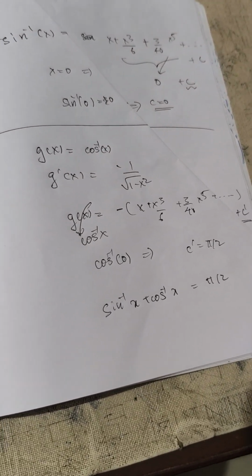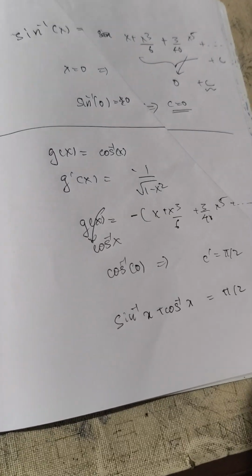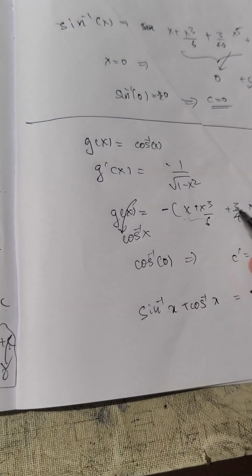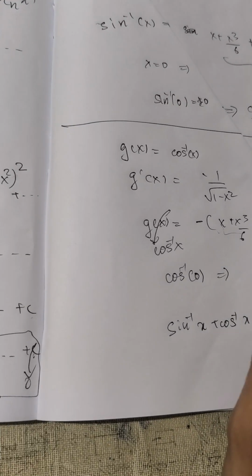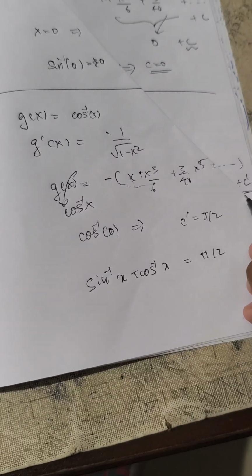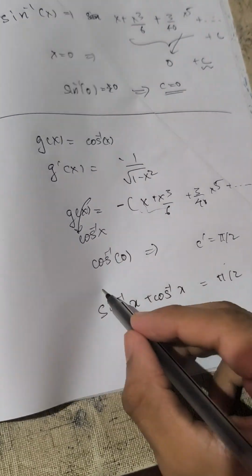So yeah, that's what we get here. This whole thing, the expression with x, gets cancelled with that of sine inverse x here, and the only term remaining will be the constant, which is pi by 2.